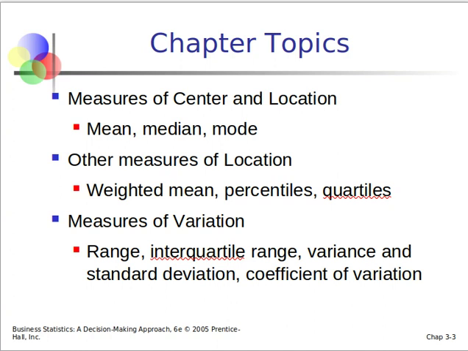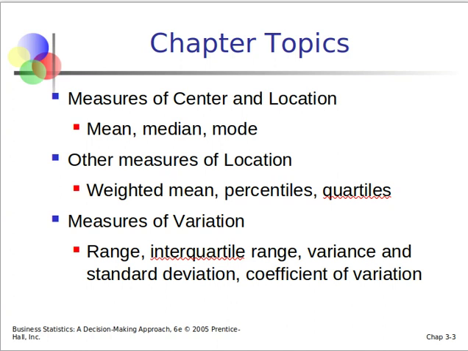Additional, 5th, measures of center and location, where in the data set are the mean, median, and mode. And other measures of location, which are the weighted mean, percentiles, as well as quartiles.